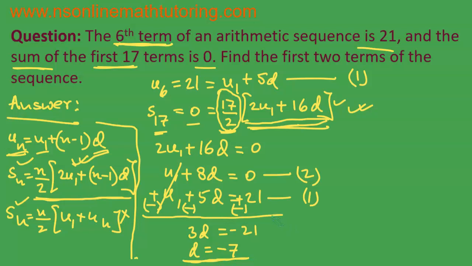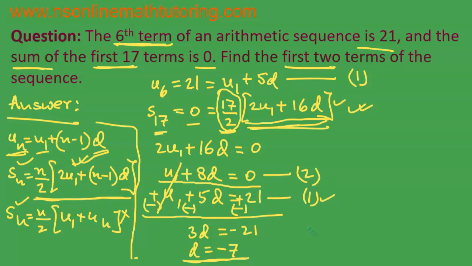as negative 7. What is the first term value? We have to get the first term value, else we cannot get the second term, because they are asking for the first two terms. So I may take any of them. I am taking the second equation. You may take the first equation as well.